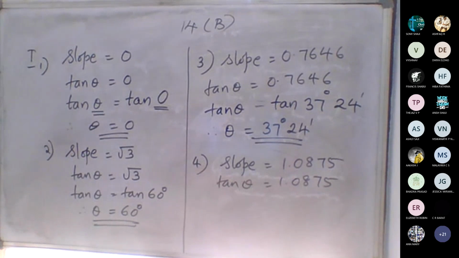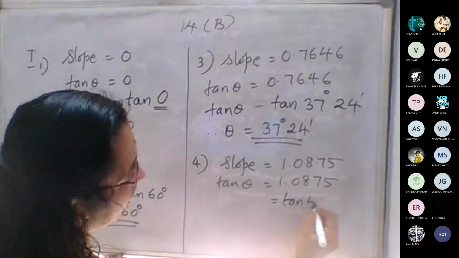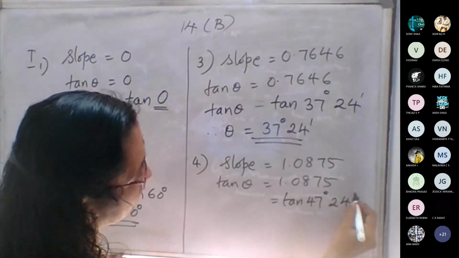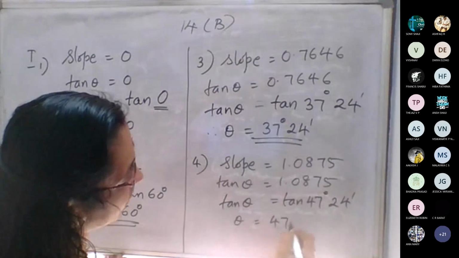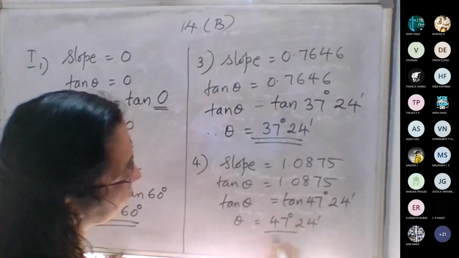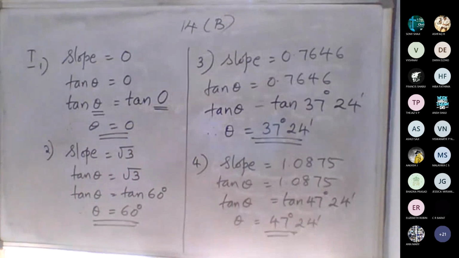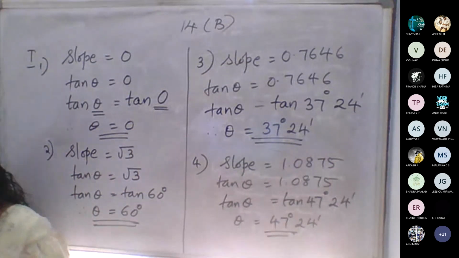So for what value of theta? Tan 47 degree 24 minute. Therefore theta is equal to 47 degree 24 minute.